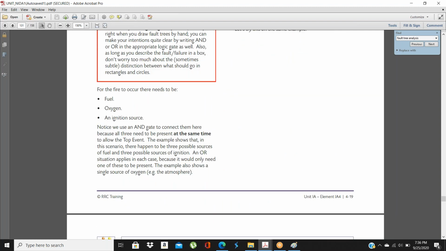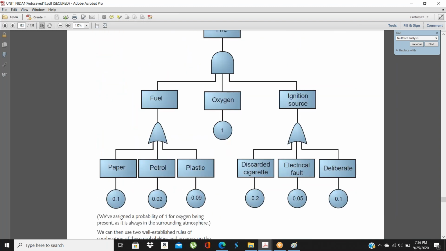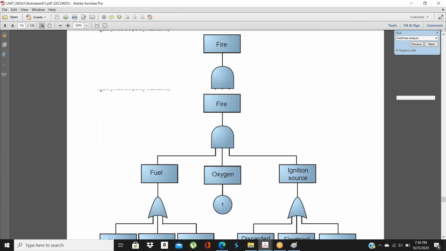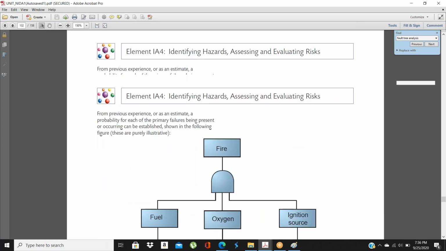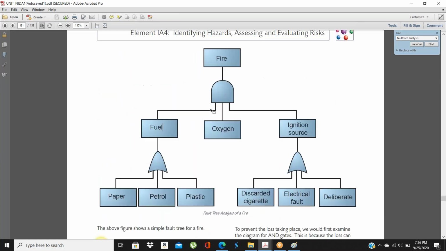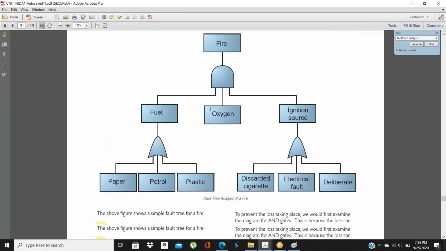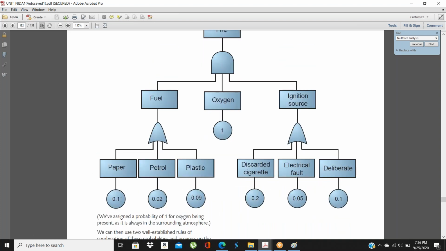This was qualitative analysis; we were just discussing the words. Now we need to convert it into quantitative analysis. Suppose you discover from your study that the probability of paper in your warehouse is 1, petrol is 0.00something, and plastic is 0.9.